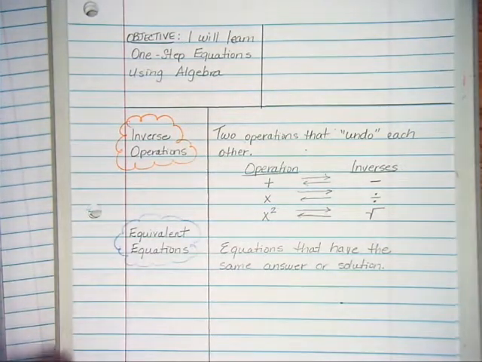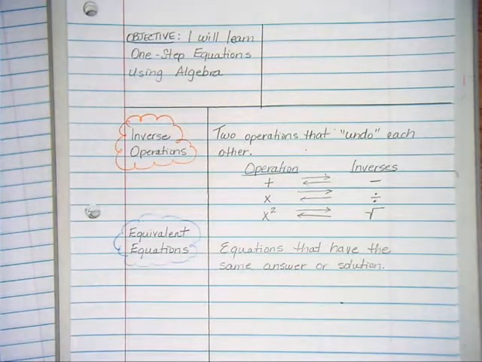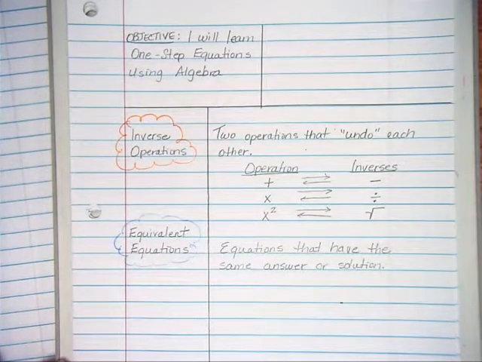Now, there are 4 properties we're going to talk about today that we're going to use every time we're solving equations. The first 2 have to do with addition and subtraction, and they're the addition property and the subtraction property. Now that's a square root symbol.